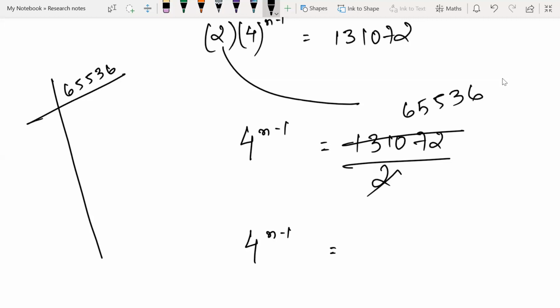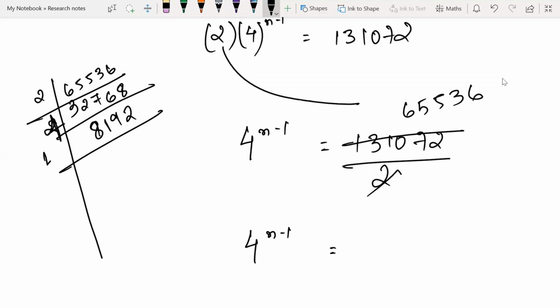So let me help you. We could have taken 4 directly. Let me check for you. Here also, if I try taking 4 2 times 8, then 4 4 times 16.